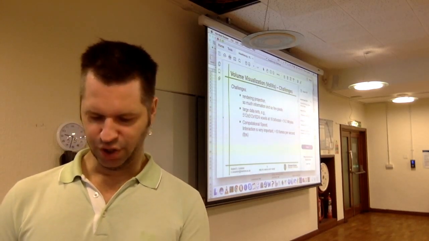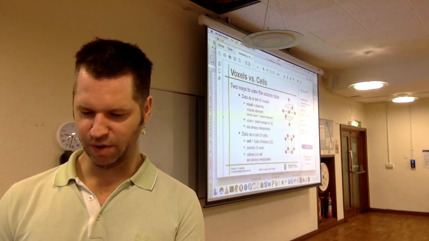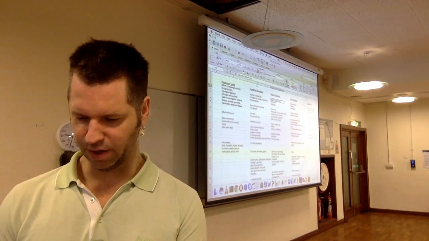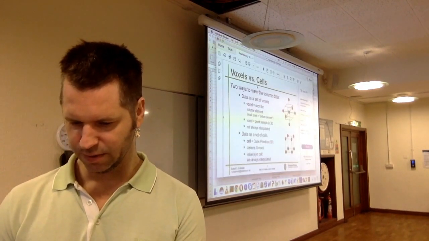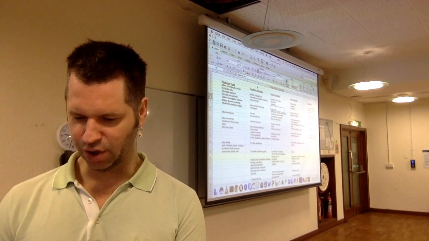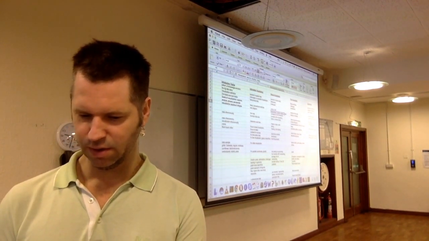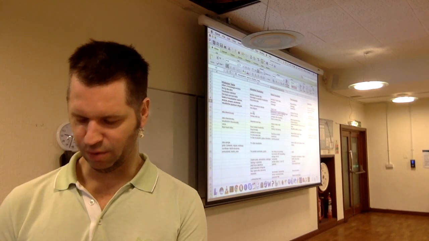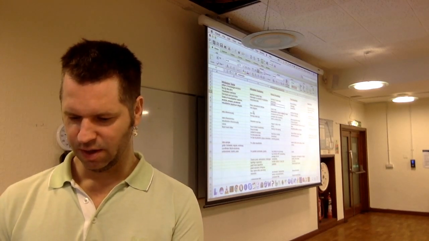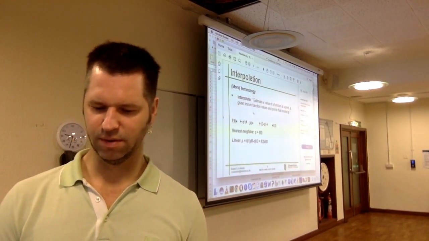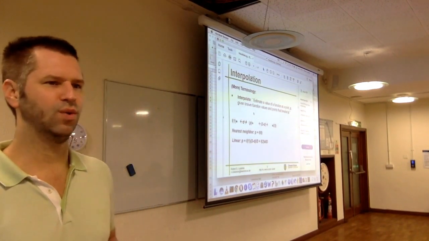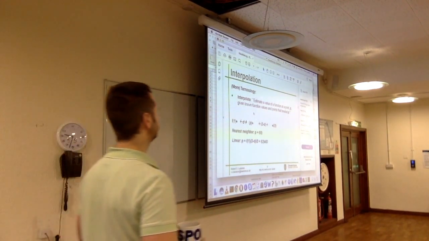Volume visualization challenges, so lots of data in volume visualization, cells versus voxels. Terminology. Interpolation is very, very important. I can put this in boldface. That's a very important notion or term.